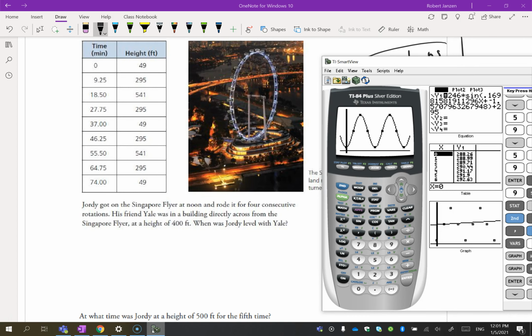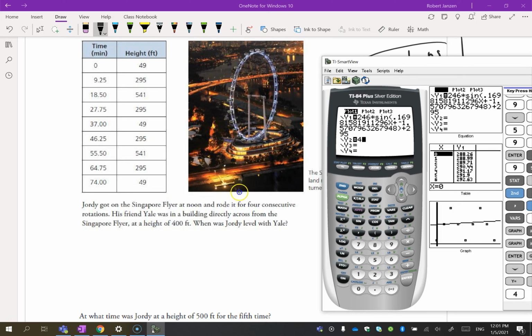We were asked to figure out when this graph is going to be 400. Here's the easiest way to do that. Go to another graph and just say, let's have a graph of y equals 400. And you can see that this person is on the Ferris wheel at a height of 400, 1, 2, 3, 4 times right here.